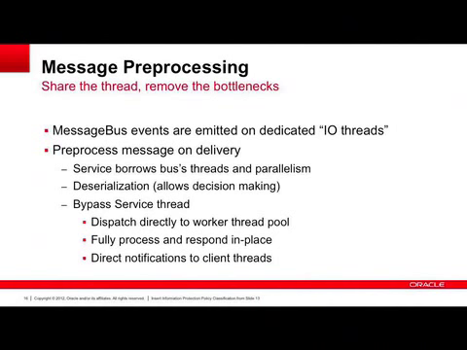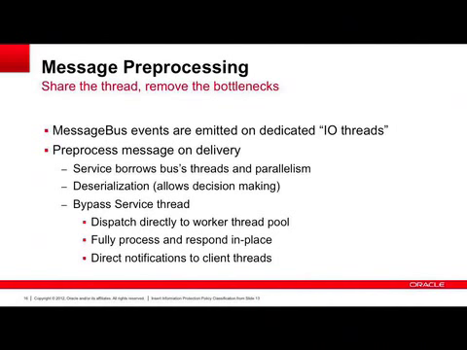Again, a lot of the processing we were previously doing on the service thread is inherently thread safe. So we're starting to borrow the I/O threads to do a lot of the processing work. We can do deserialization on the I/O threads. In the case where all the service thread was doing was taking a message off the queue and handing it to the worker, we can hand it directly to the worker.